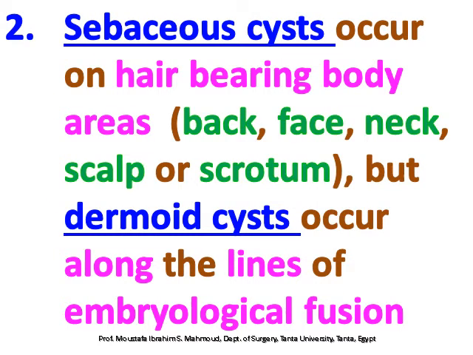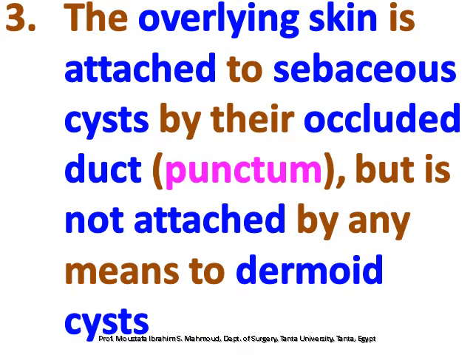Sebaceous cysts occur on hair-bearing body areas, back, face, neck, scalp, or scrotum, but dermoid cysts occur along the lines of embryological fusion. The overlying skin is attached to the sebaceous cyst by the occluded duct, the punctum, but it is not attached by any means to the dermoid cyst.